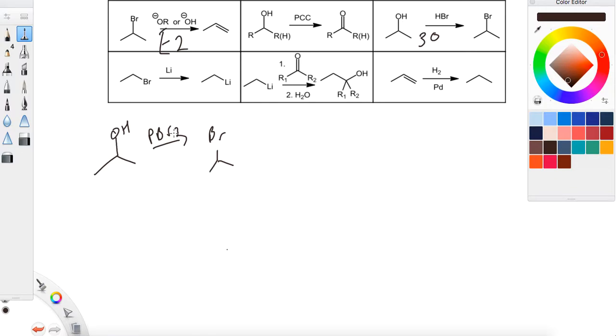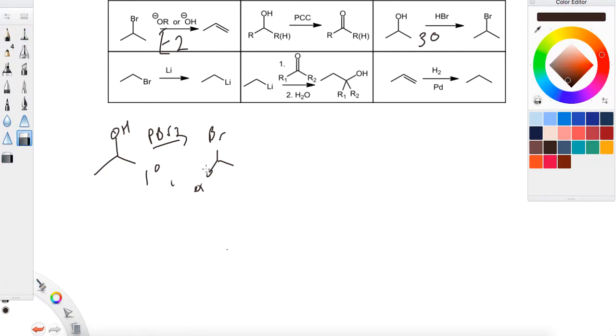So PBr3 achieves the same goal, and we mainly use that for primary and secondary carbons, and we'll use HBr when it pertains to tertiary. So PBr3 can't be used on a tertiary carbon. That's just a quick refresher.